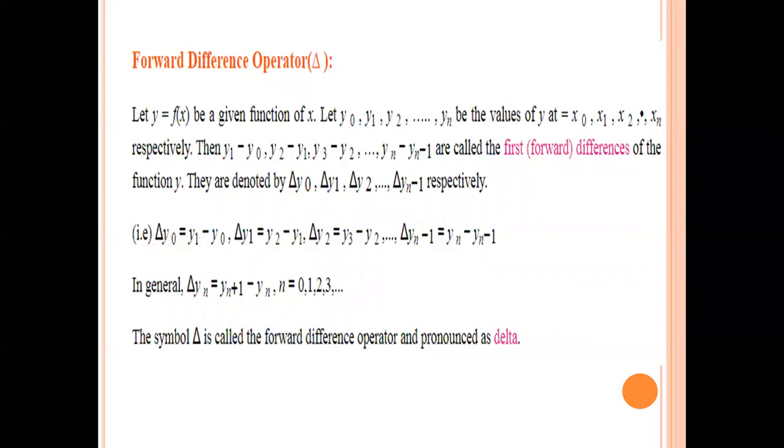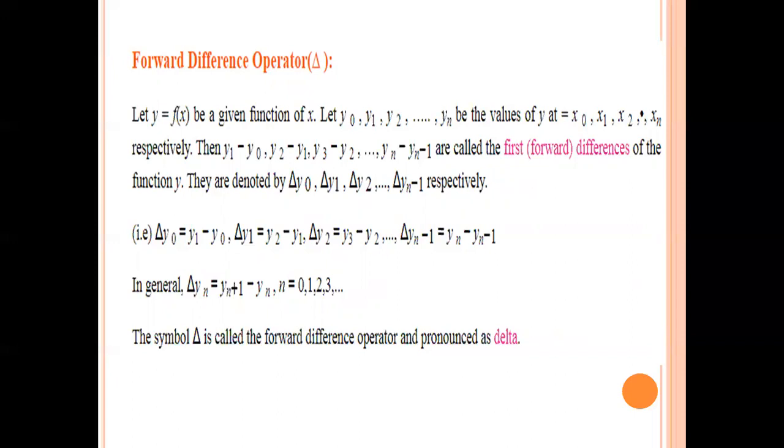Then y1 minus y0, y2 minus y1, y3 minus y2 and so on yn minus yn minus 1 are called the first forward differences of the function. They are denoted by delta y0, delta y1 and so on delta yn minus 1 respectively.